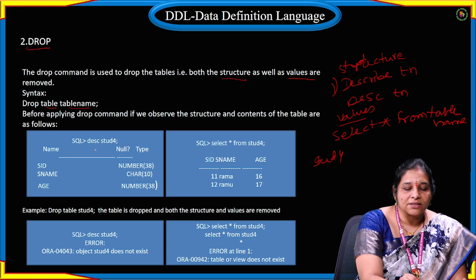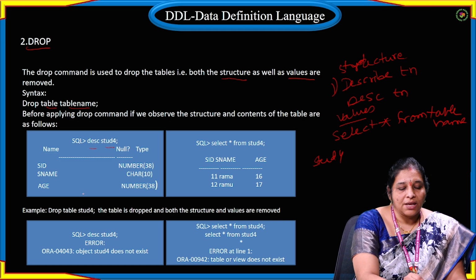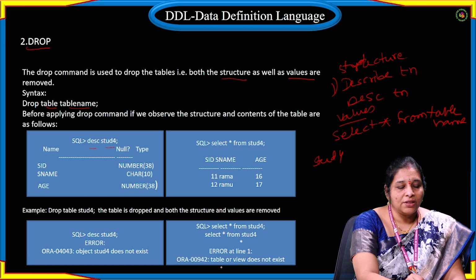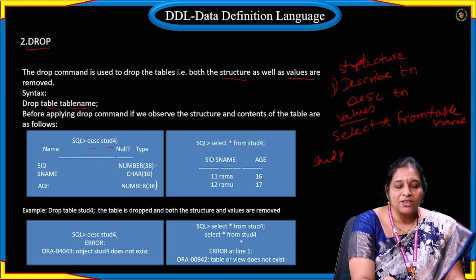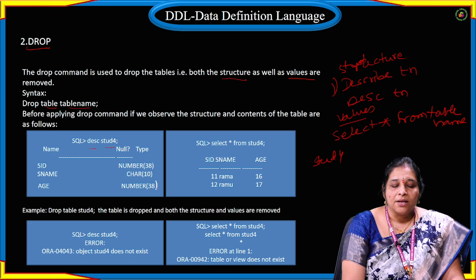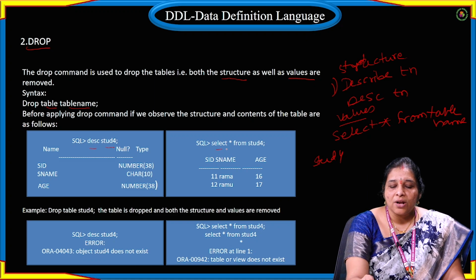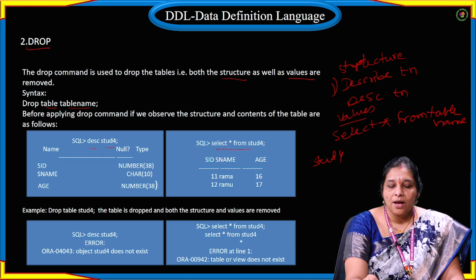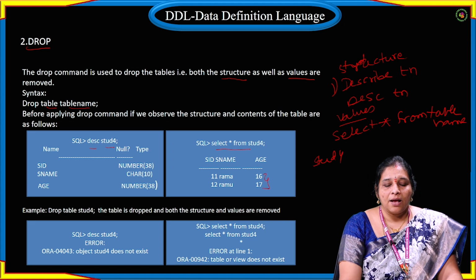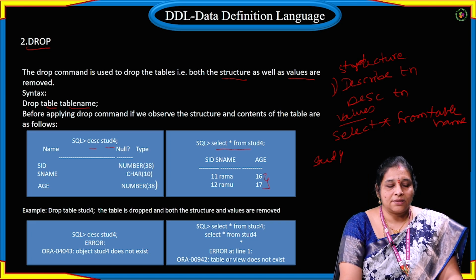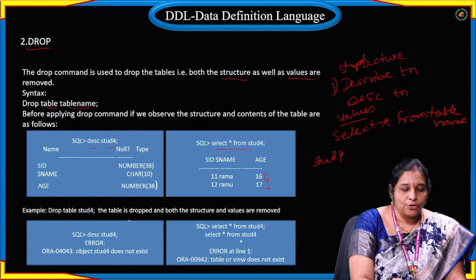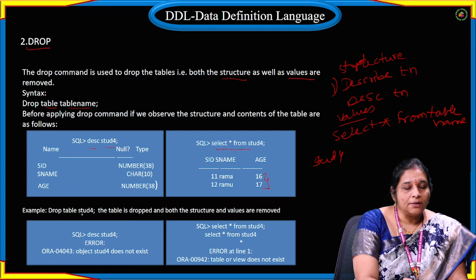When I check the structure with describe student 4, I see it is visible with 3 fields: SID, SNAME, and age, and the corresponding data types, number of 38, character of 10, and number of 38. When I visualize the contents of the table, I am able to see SID and SNAME with 2 rows, SIDs 11 and 12.